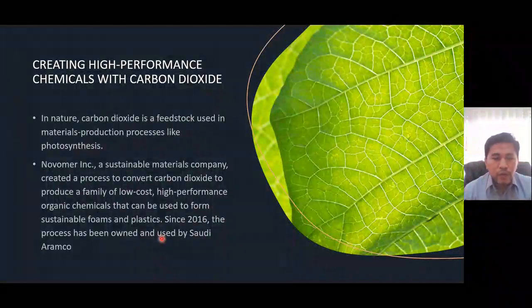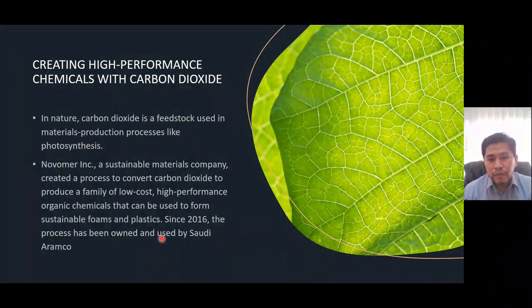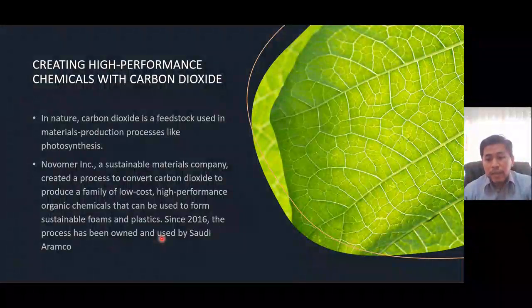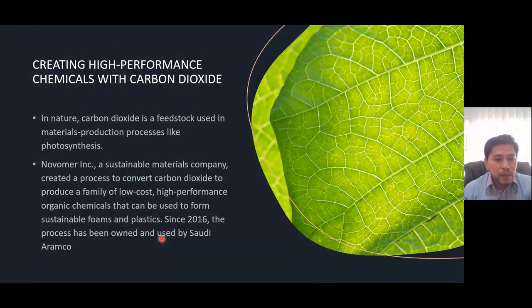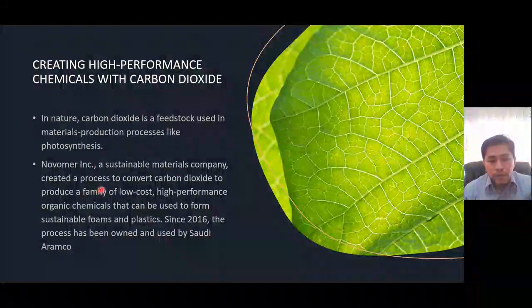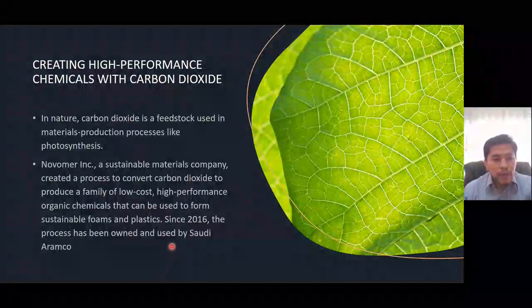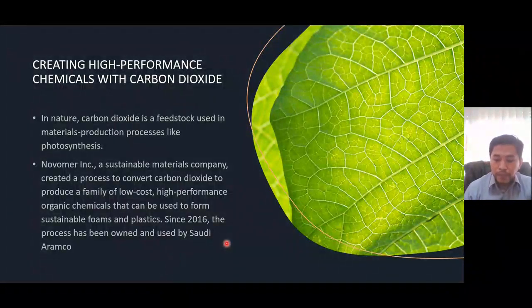As we know, global economies are desperately in search of a replacement to traditional polymers and chemical intermediates produced from non-renewable feedstock. And this company since 2016 has been owned and used by a Saudi Arabian company, Saudi Aramco.